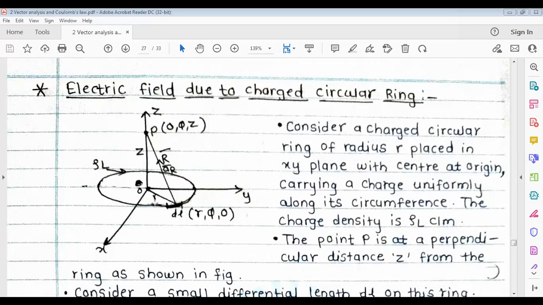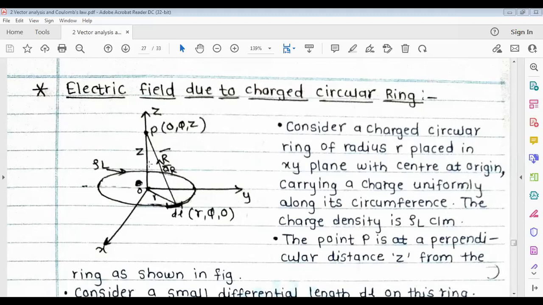The first coordinate is the radius r of the cylinder. Phi is the angle between the x-axis and this radius r. And the z component is equal to 0 because this circular ring is placed in the x and y plane only.